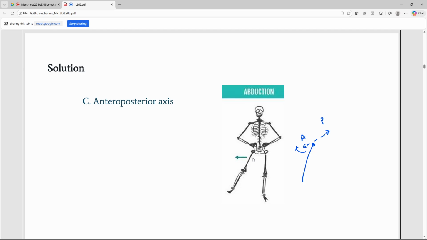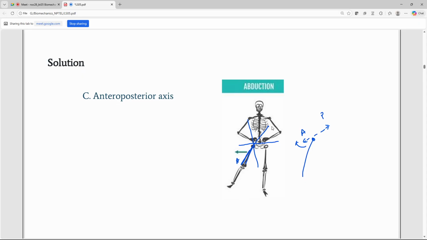So then only it should go like this if we are making the axis. So this will be anterior, posterior, right, left, superior, inferior. So it is happening in the anterior posterior axis.